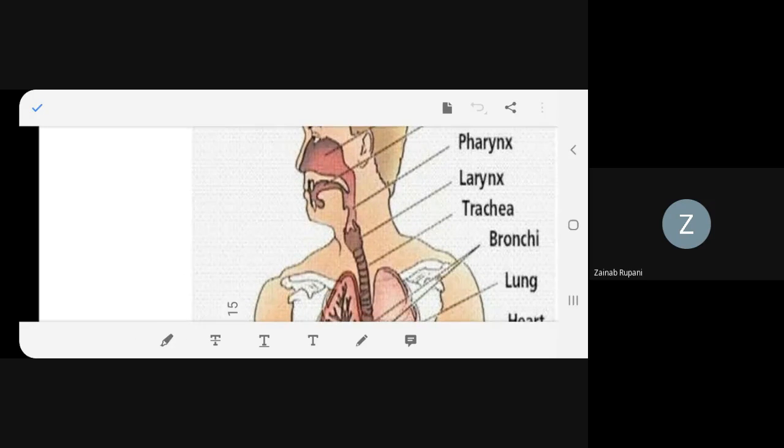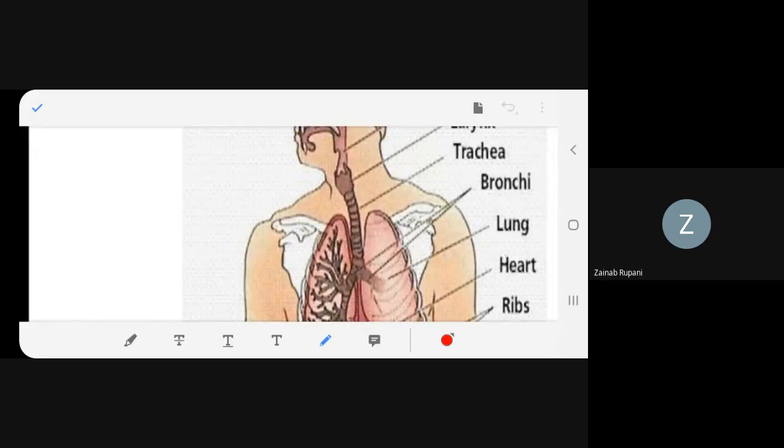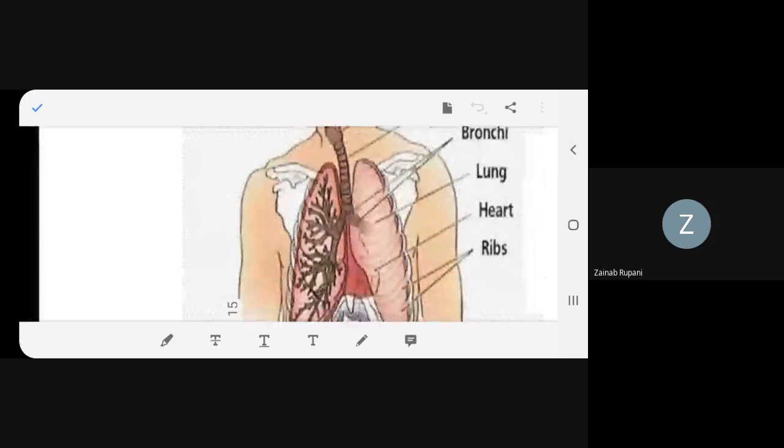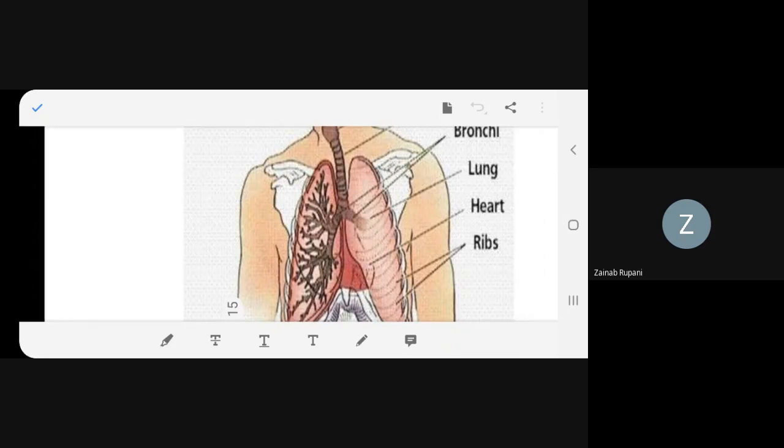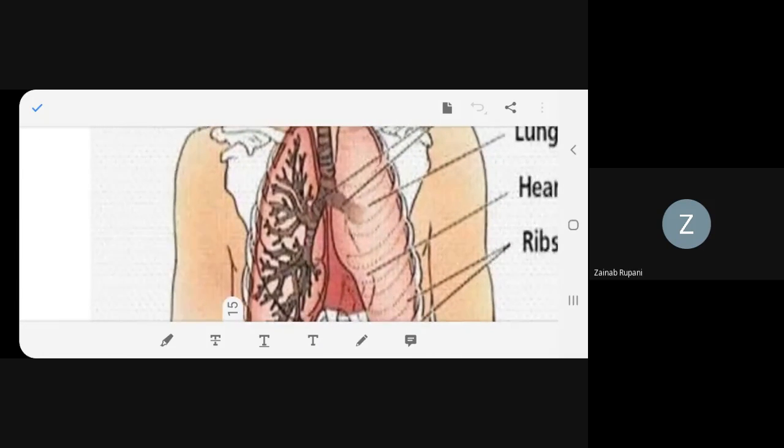And then you can see over here, this is trachea. Can you see this? This is trachea. And this trachea is dividing and it becomes bronchi. These bronchi further divide and become bronchioles. I'm talking in detail.